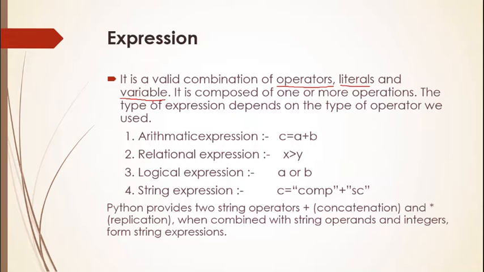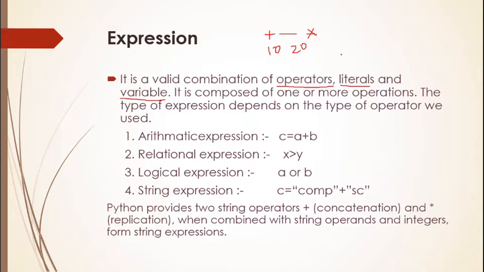If we have forgotten, then remember that operators are those symbols which are used to do some calculation or computation, for example plus, minus, multiply. These are operators. And literals are just the values, for example 10, 20, 30, 40, 4.0. x, y, z are variables.